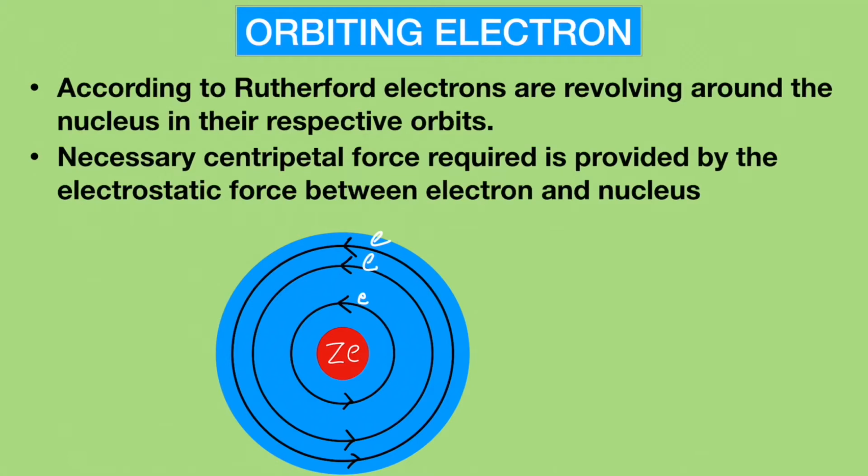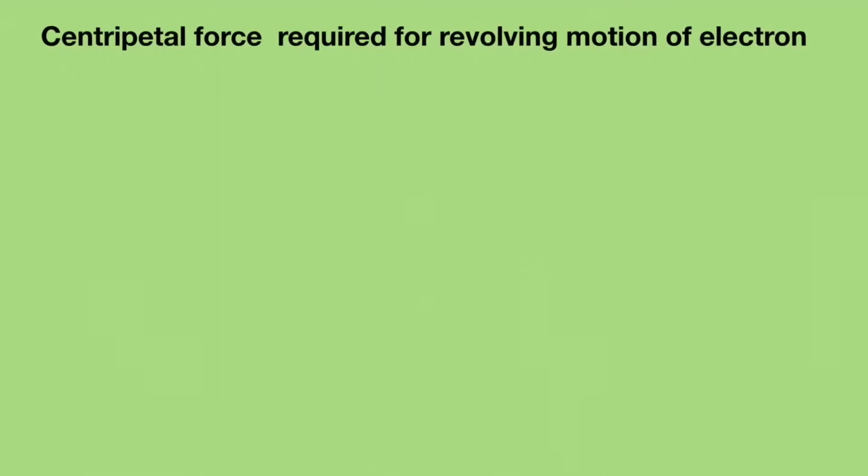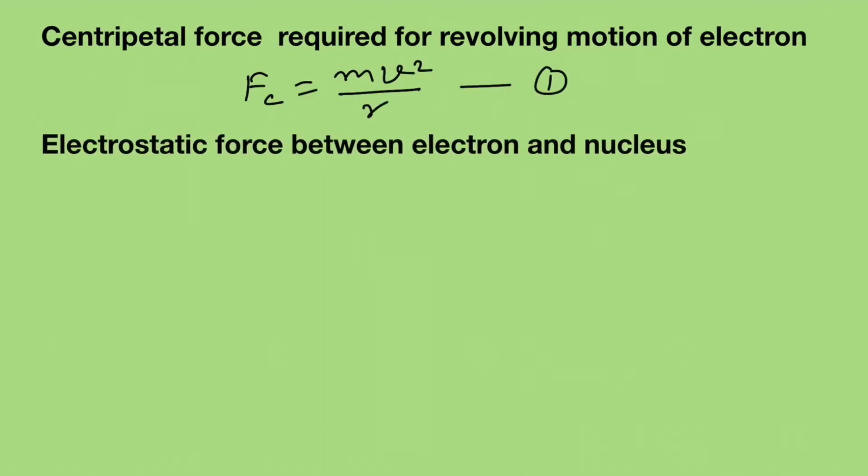Now we will try to find the expressions for the orbital radius of the electron and the velocity of the revolving electron. As I told you in the beginning, the centripetal force required for revolving motion is given by Fc = mv²/r, and this force is provided by the electrostatic force.